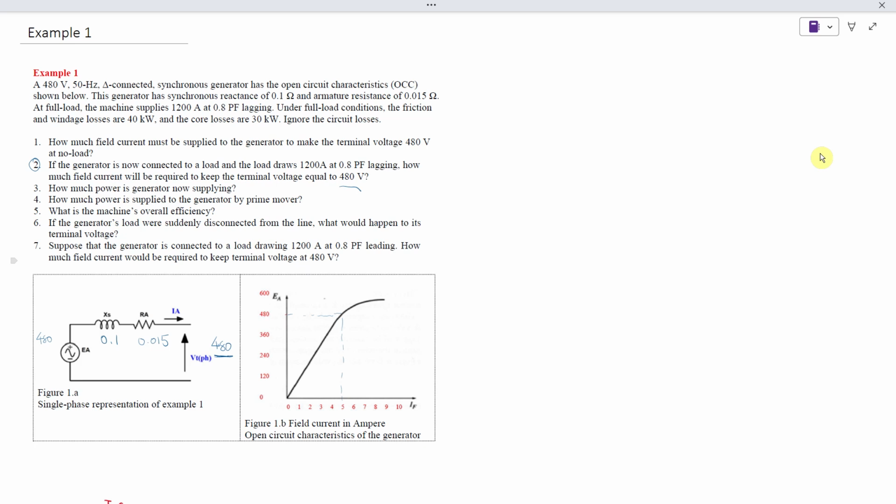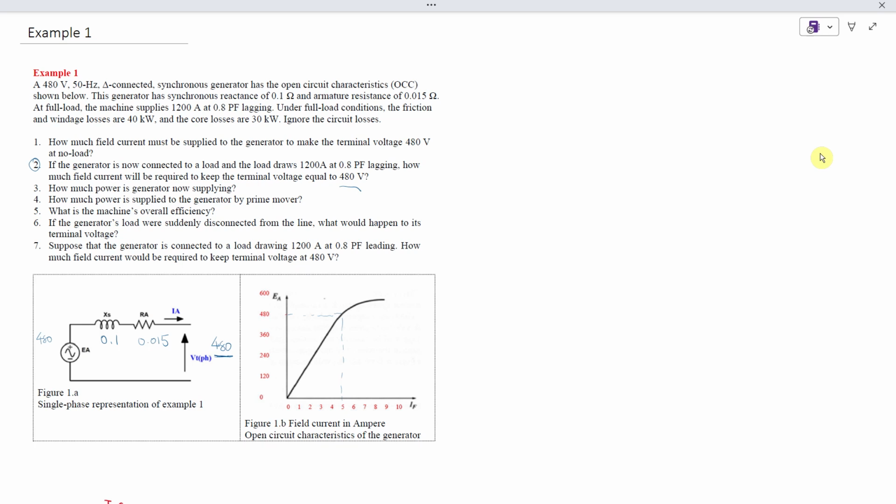So we need to calculate the voltage drops across those impedances. Then we know the internal voltage needed, and we read the table again. I'm expecting a much higher current needed to generate a higher voltage. All right, let's do that.